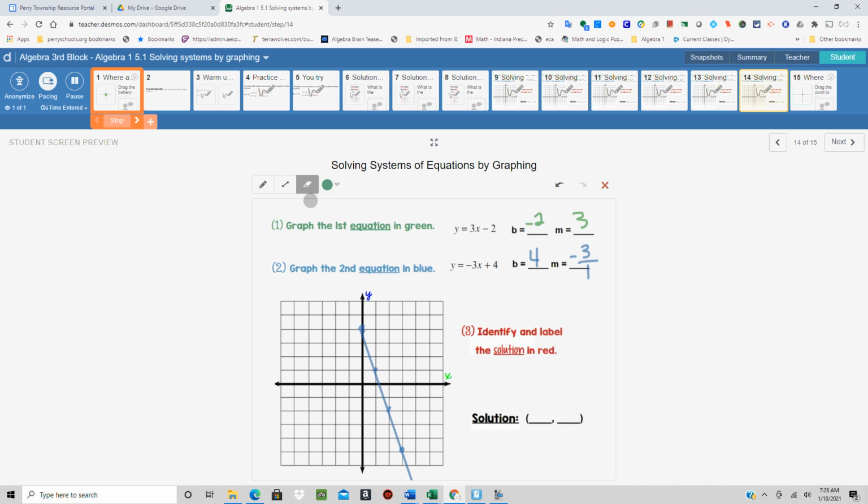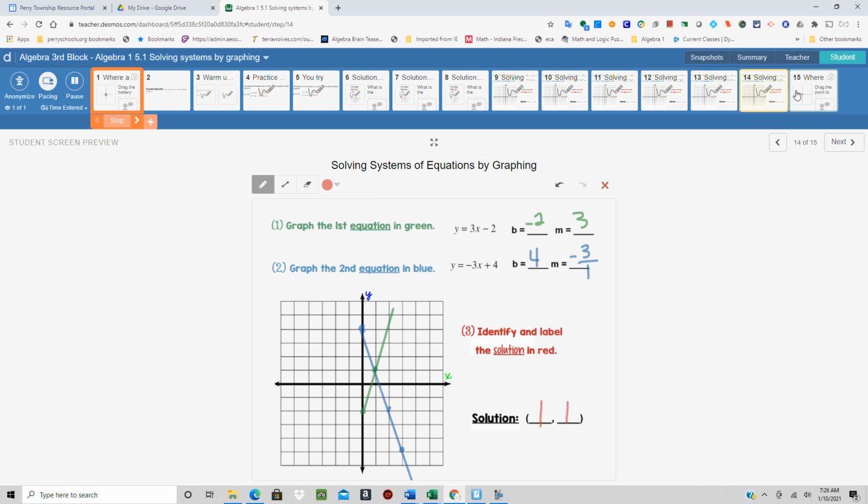I looked at the wrong number. My y-intercept is negative 2. My slope is 3. So I'm going to go up 3, 1, 2, 3, right 1. Draw my line. And my point of intersection is 1, 1.